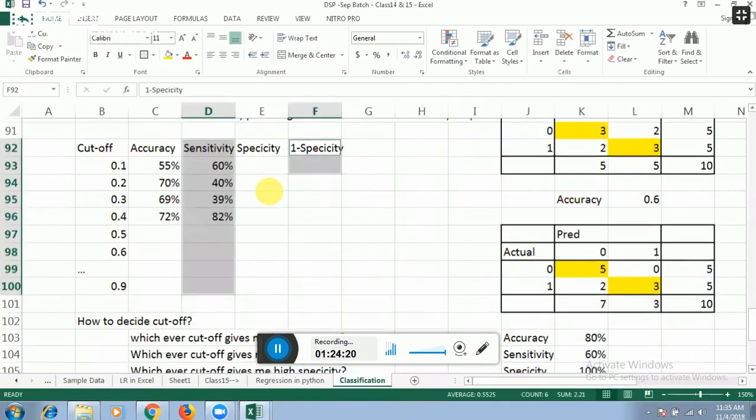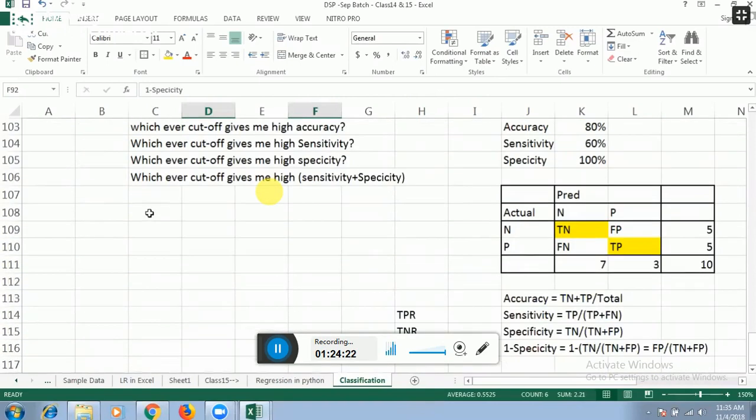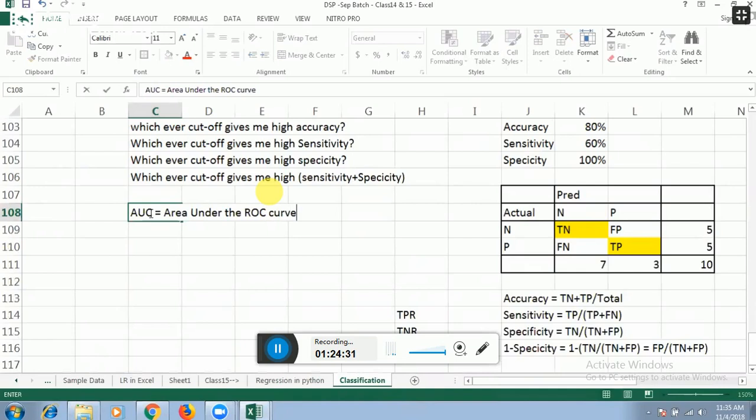I can calculate AUC, which is nothing but the area under the ROC curve. If the area under the curve is high, AUC is high, can I say that my model is good? Yes, this is another metric which we call the area under the curve.